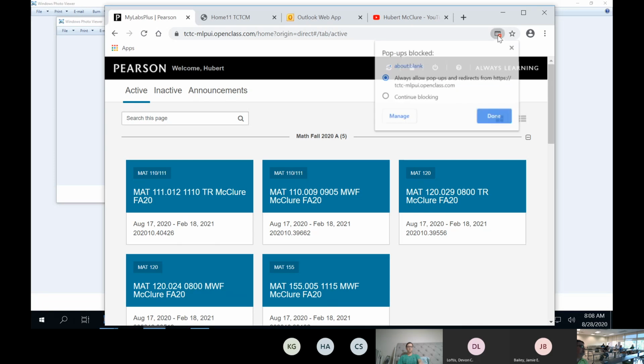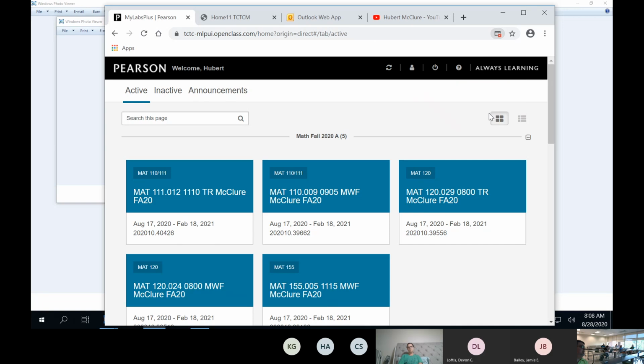If it still shows up, well, I don't know why it's still showing up, but it's not supposed to show up after you do that, but who knows? But that's another thing that you can do to help out with the problems that you're having.